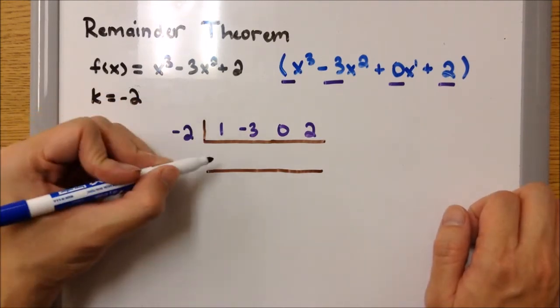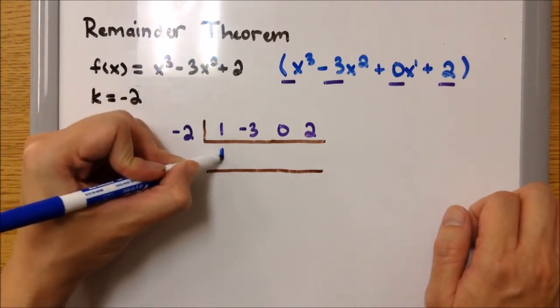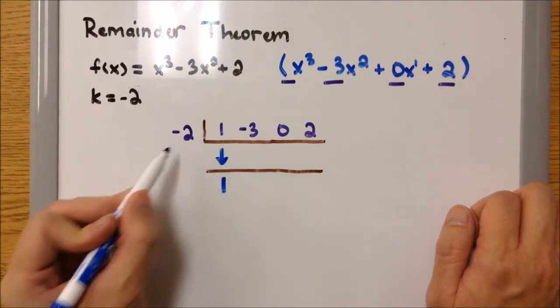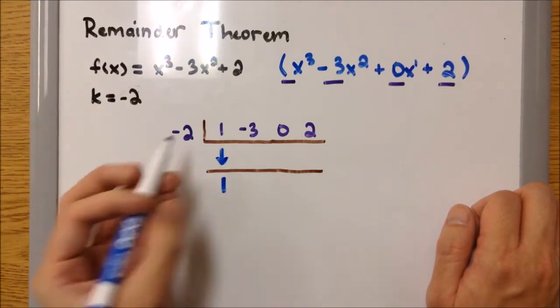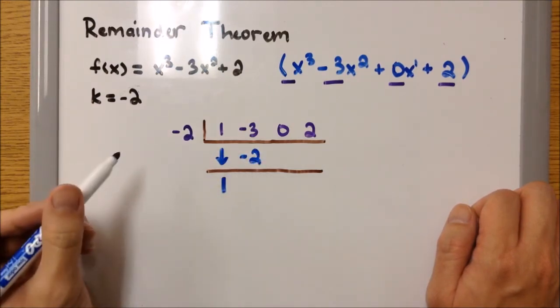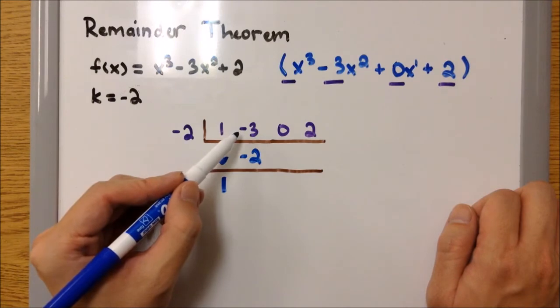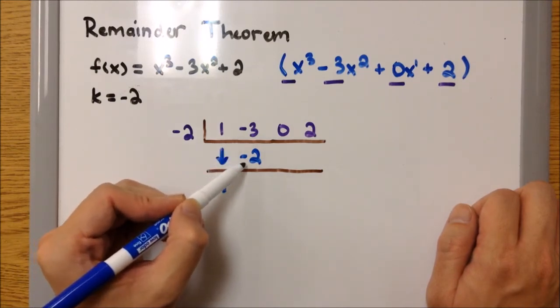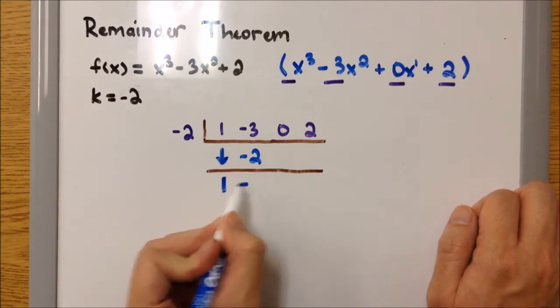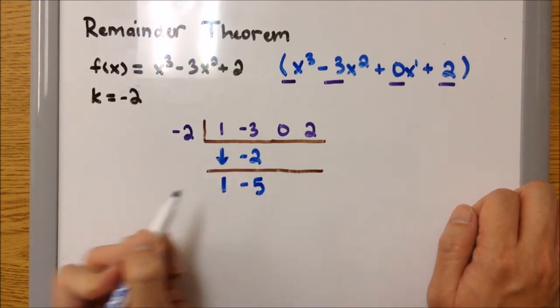Always. First step is you bring the first number down. So 1. So negative 2 times 1, that's negative 2. Now we're going to start with the top. So negative 3 minus 2 is just negative 5.